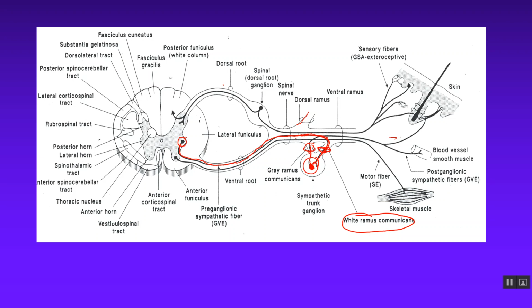Some of those may go up or down a few levels before they make that initial connection. It goes out the gray ramus and then goes wherever it's going: blood vessels, smooth muscles, glands, those kinds of things, autonomic function. So those are some things to be aware of.